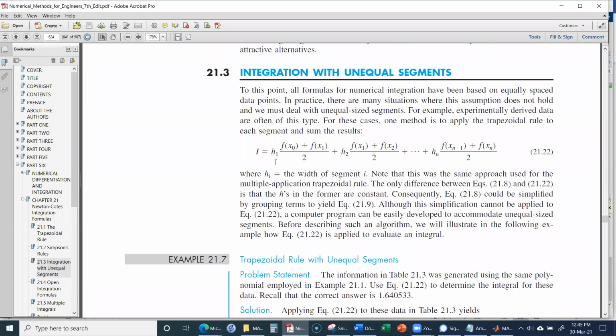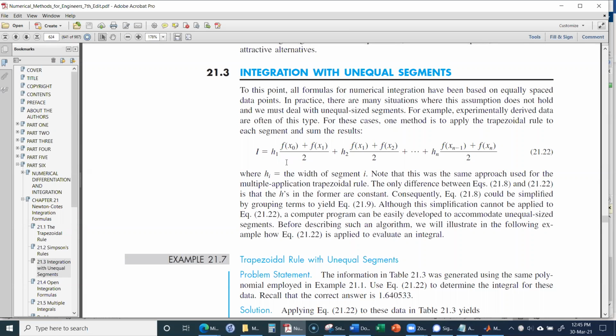In fact, this formula is just the separate addition of the areas of the trapezoids. For example, if the first trapezoid has a width of h1, its average height will be (f(x0) + f(x1))/2.